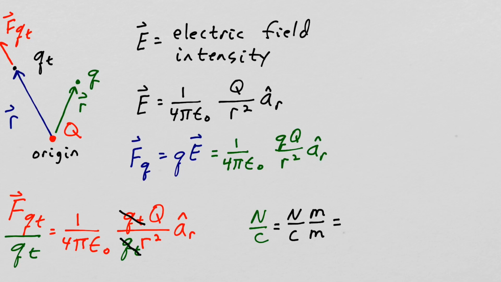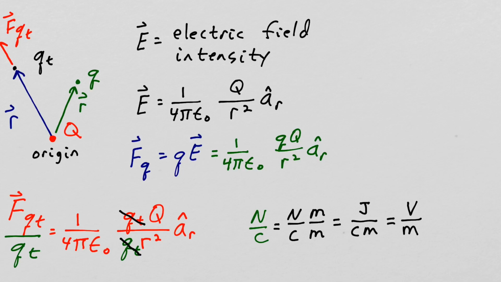So newtons times meters is a joule, so we have a joule over coulombs per meter. We will shortly be introducing the concept of electrical potential difference, and the unit of electrical potential, the joule per coulomb, is renamed a volt. So a newton per coulomb is the same as a volt per meter, and volts per meter is the more common unit for the electric field intensity.